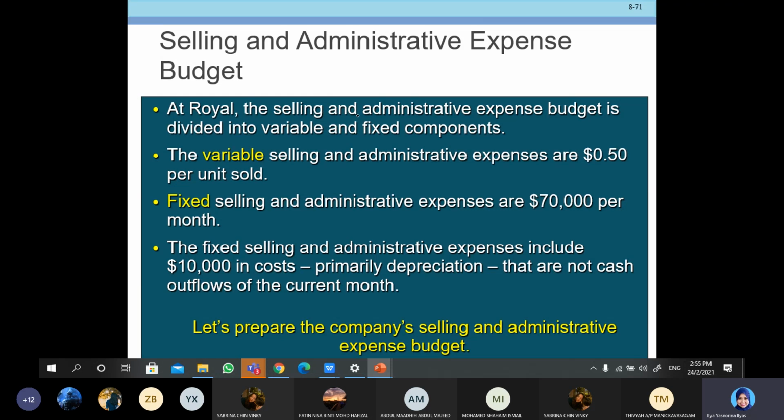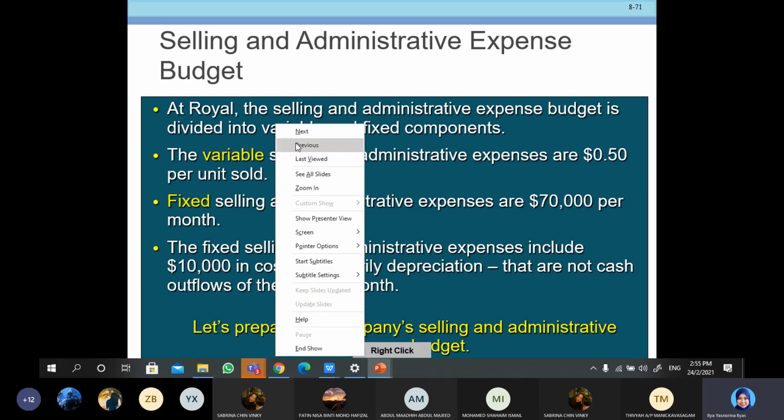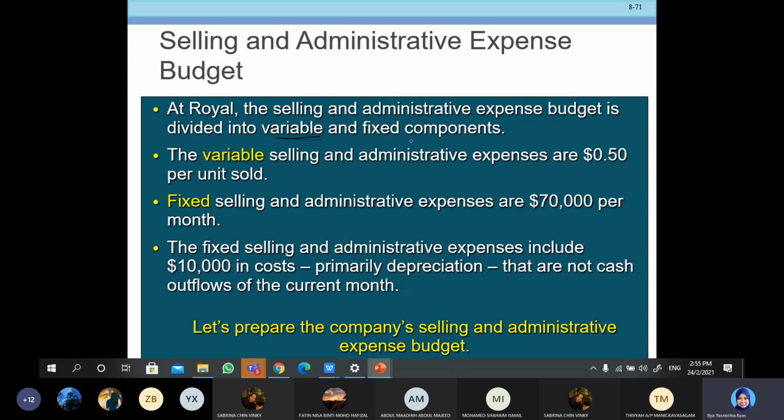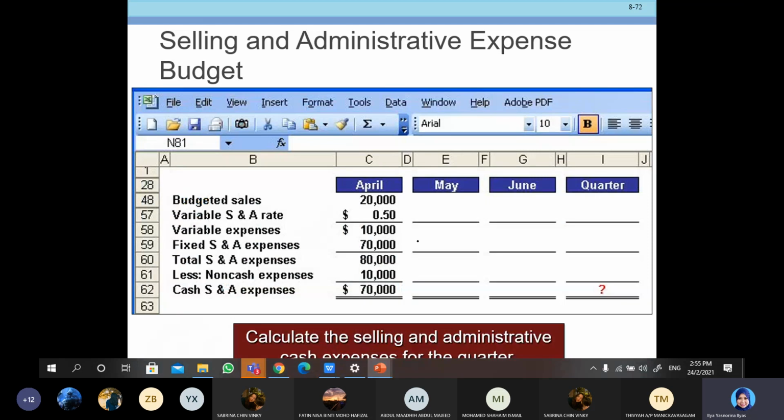At Royal, the selling and administrative expenses budget is divided into variable and fixed. The variable selling and administrative expenses are 50 cents per unit sold. The fixed selling and administrative is 70,000, including 10,000 of depreciation. So we already know the format.